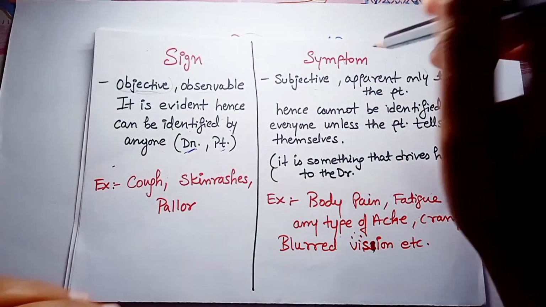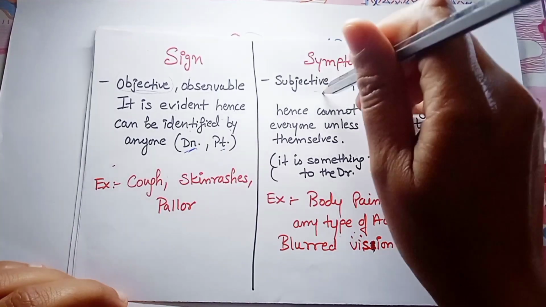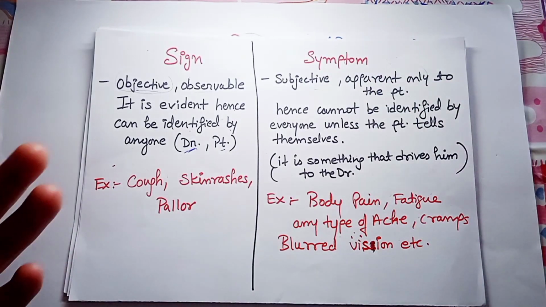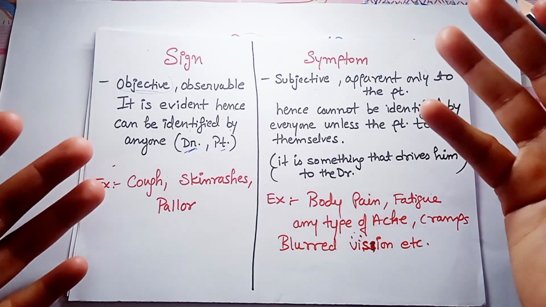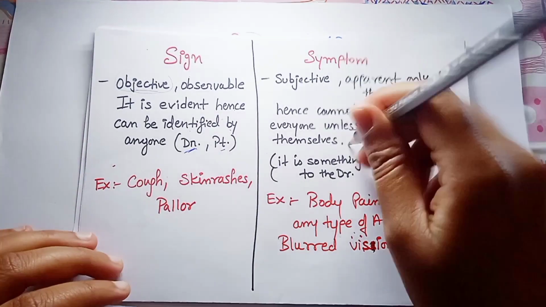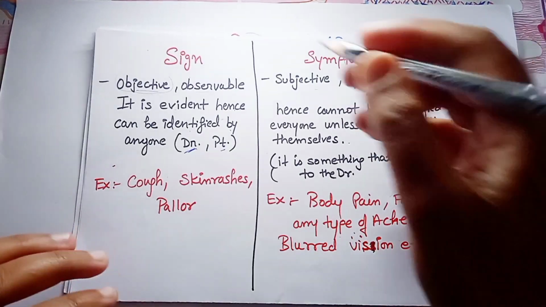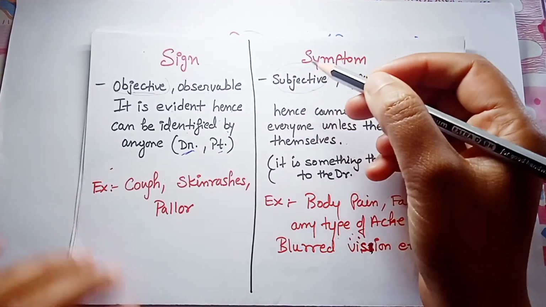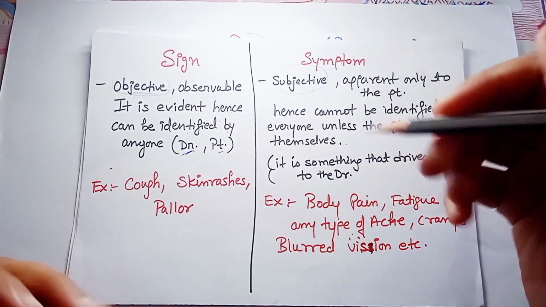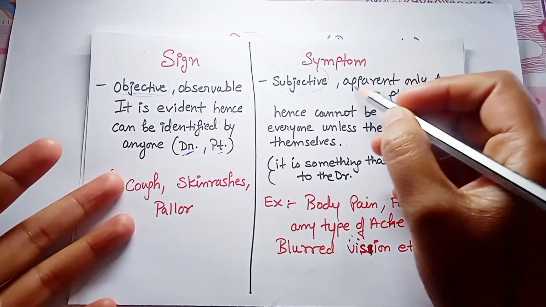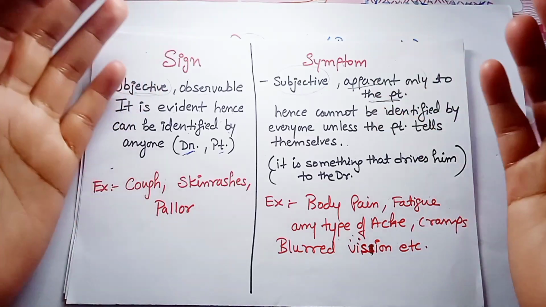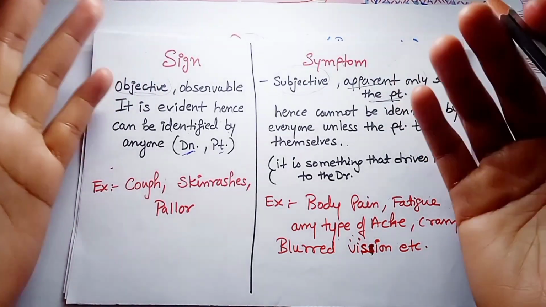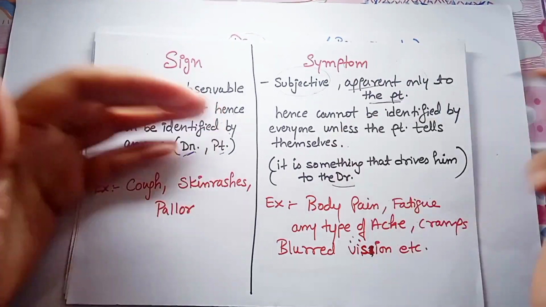Okay. Symptoms. Symptom is subjective. It is apparent only to the patient. Hence it cannot be identified by everyone unless the patient tells himself or themselves. Here the term subjective means something that is personal, that is apparent only to the patient. So we can say that it is something that drives the patient to the doctor.